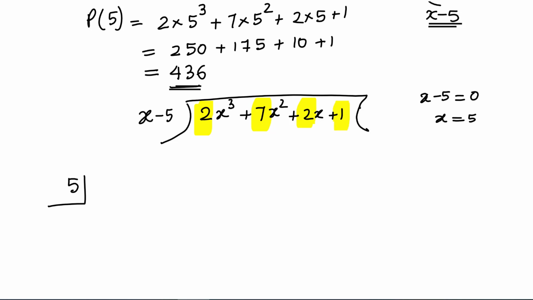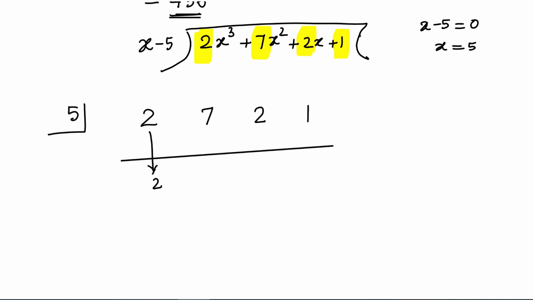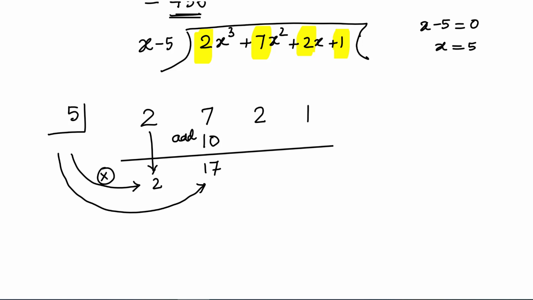Then this 2 will come here, and I have to multiply 2 with 5. This means 10, this 10 will go here, and then I have to add, that is 17. In the next step I have to multiply 17 with 5, that is 85, this will go here, and then I have to add, so this is 87.